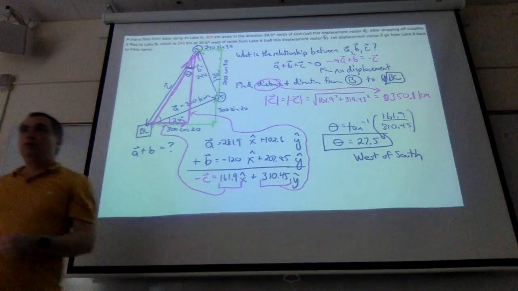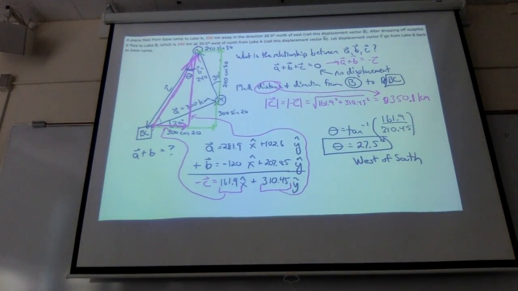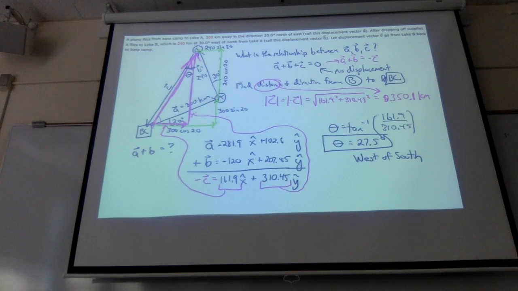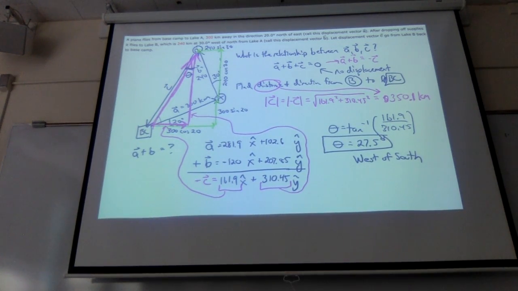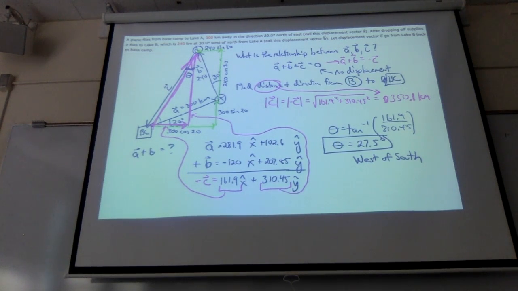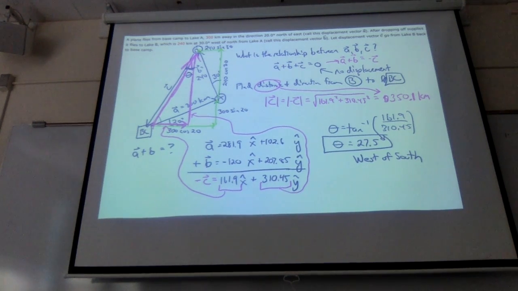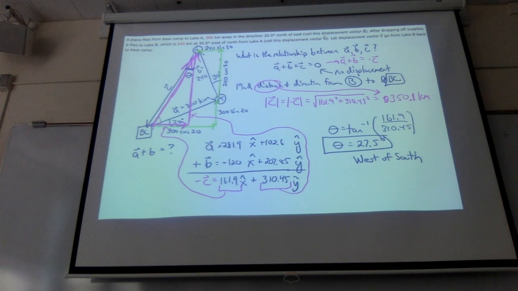So 350 kilometers is our magnitude for C, and then if you use that to find the unit vector, would it be the same answer? You lost me there. So negative C is 161.9 in the x direction and 310.45.